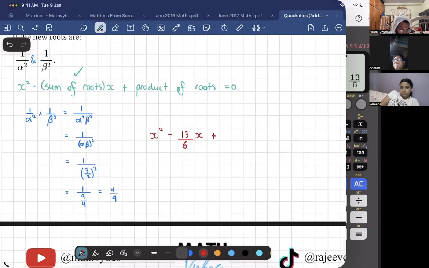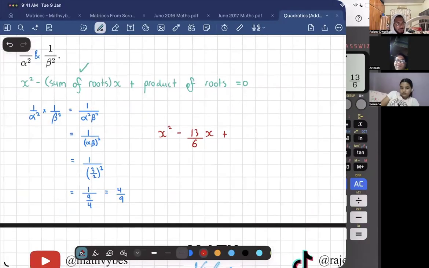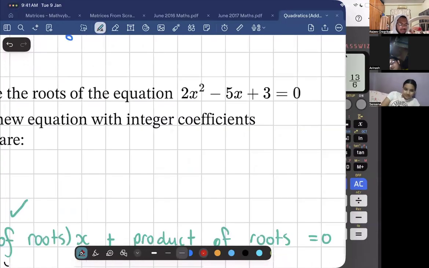And then it's going to be plus the product of the roots. What's the product of the roots, Avinash? What is that equal to? 4 over 9. Right, so Serena, on to you now. What does integer mean?